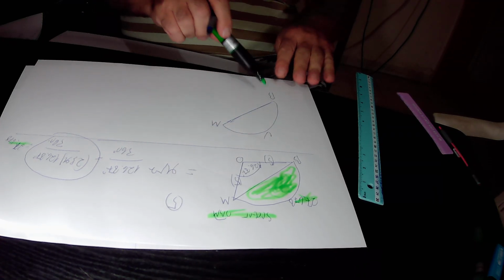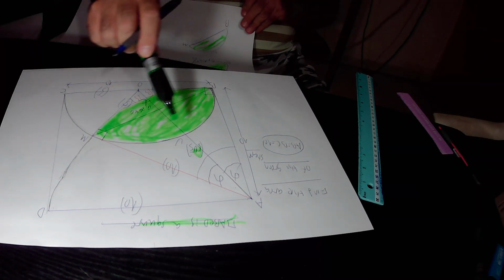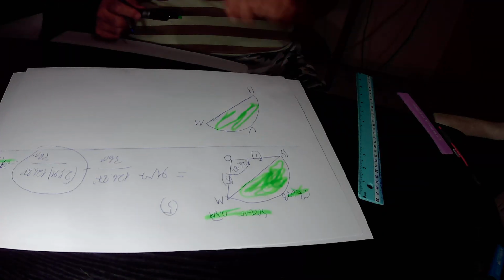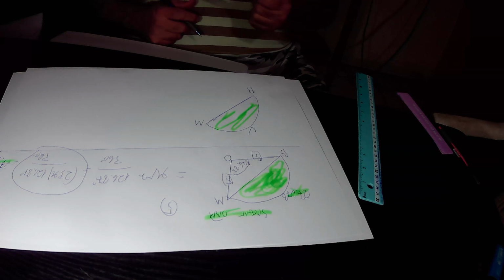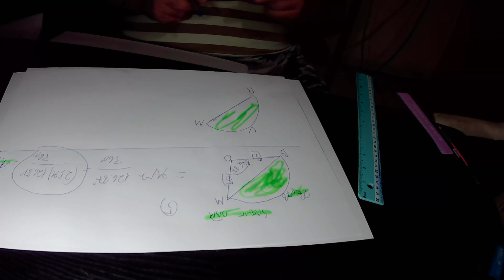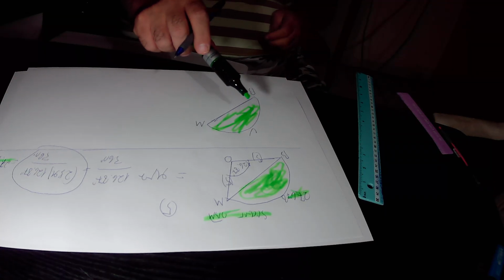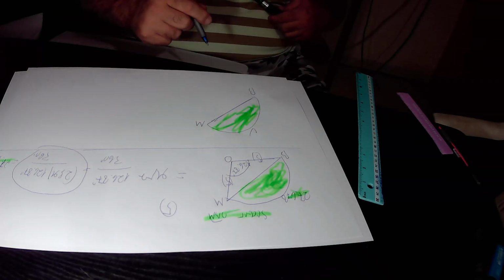This is the upper segment BOM, exactly like this segment BOM. So what is the upper segment BOM? In total, the area of this upper segment BOM must be equal to the area of the big sector OBM.